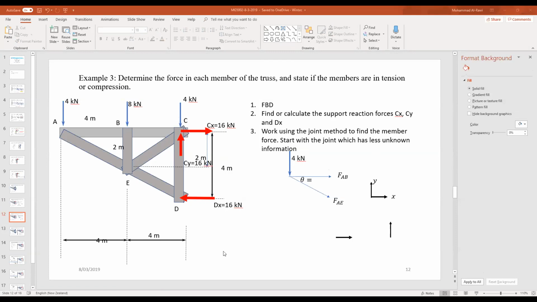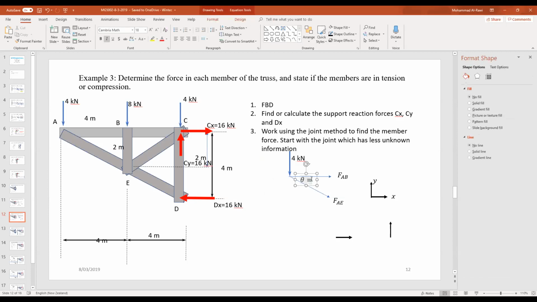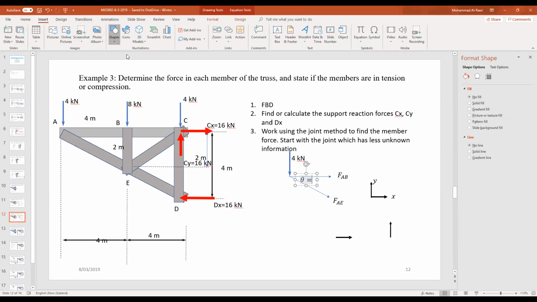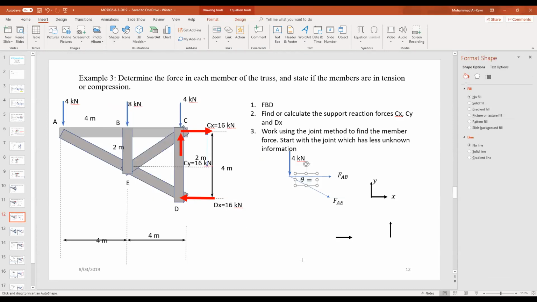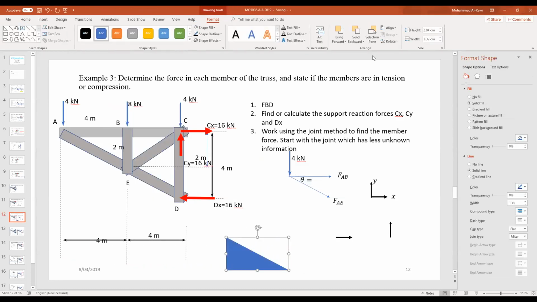The angle is 60? That doesn't sound correct to me. The angle is very small compared to 60. Any answer for theta? Come on, guys. I'll sketch it for you so you can know what we're doing. This is the normal triangle, but let's rotate it.